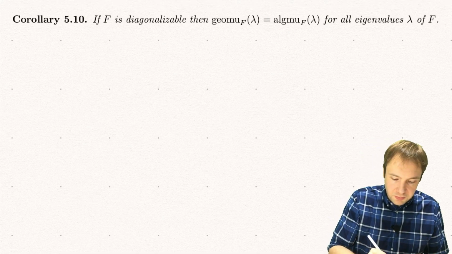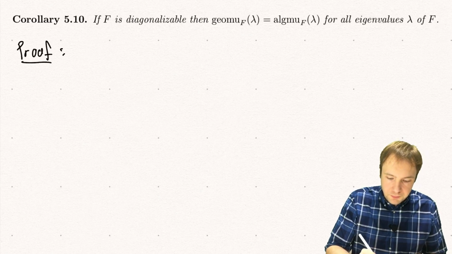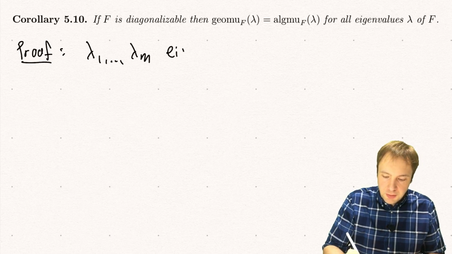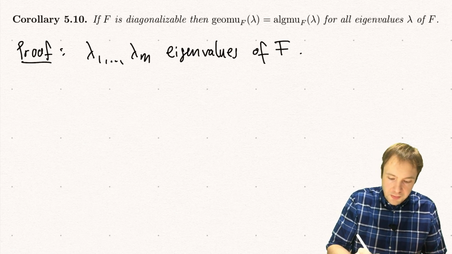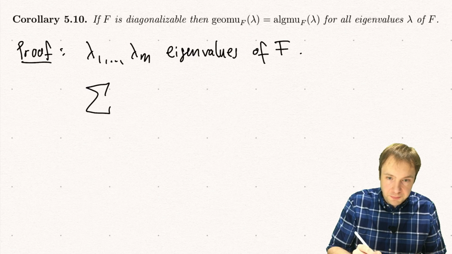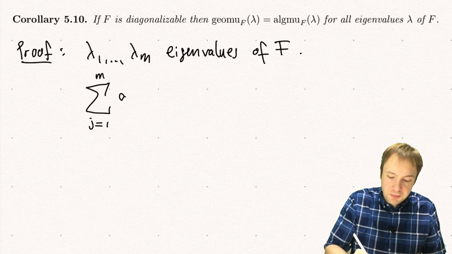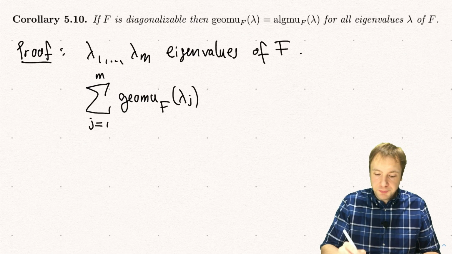Because, let lambda 1 to lambda m be the eigenvalues of f, then we have the sum of the geometric multiplicities of these eigenvalues.